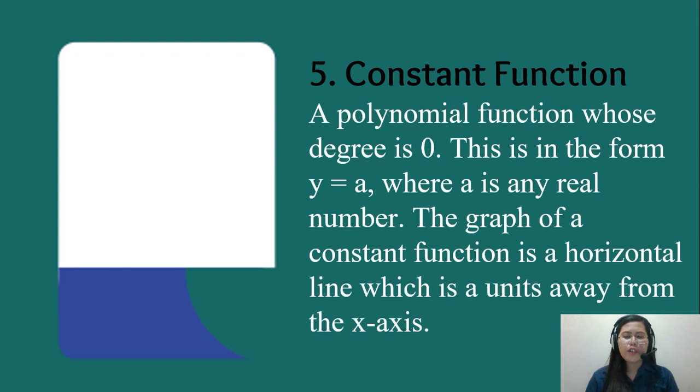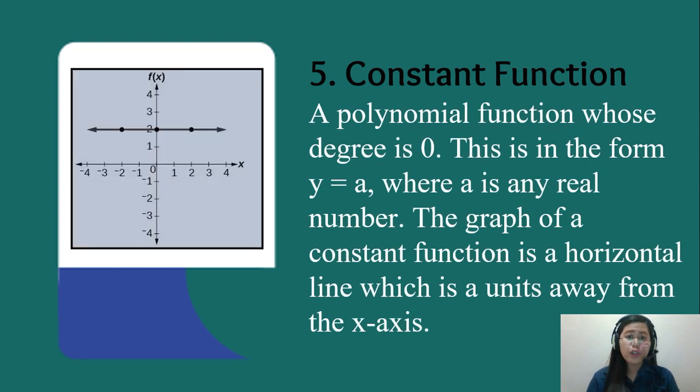Next, constant function. A polynomial function whose degree is 0. Ayan. So, 0 ang degree ni constant. This is in the form y is equal to a, where a is any real number. The graph of a constant function is a horizontal line which is a units away from the x-axis. So, ibig sabihin po, kapag may nakita kayong graph na nakapahiga, ganyan, matik po, yan ay constant function.